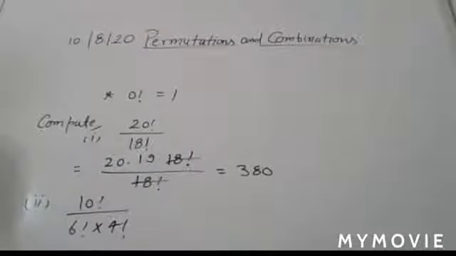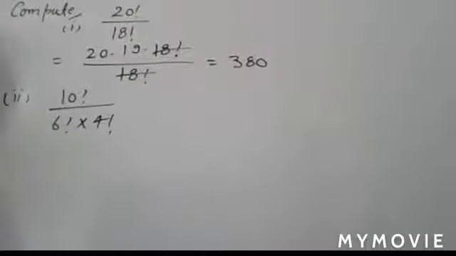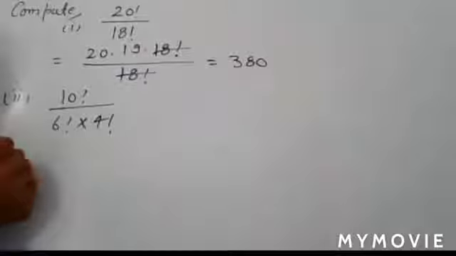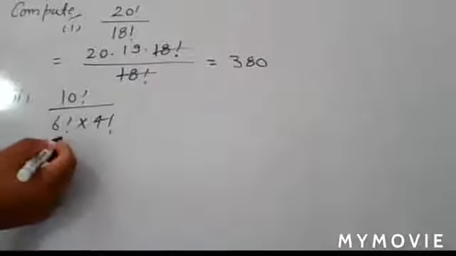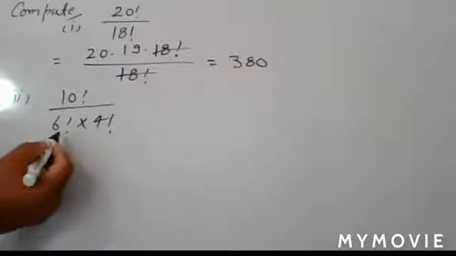In the same way, just solve factorial 10 upon factorial 6 into factorial 4. Here you expand your greater factorial and stop when the greater number of the denominator is obtained. So here you have the greater number, factorial 6.